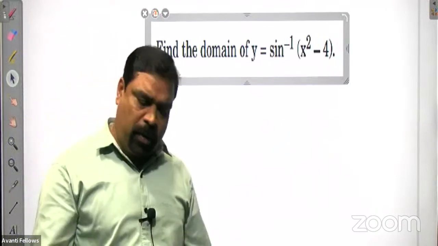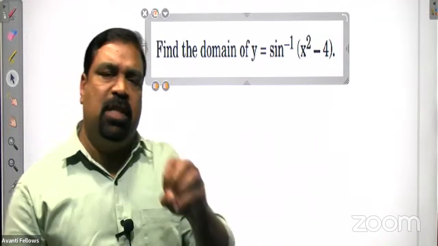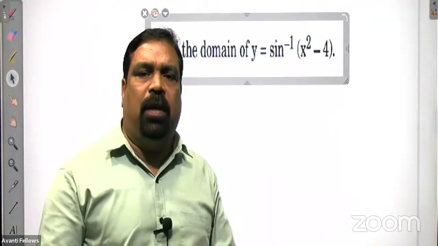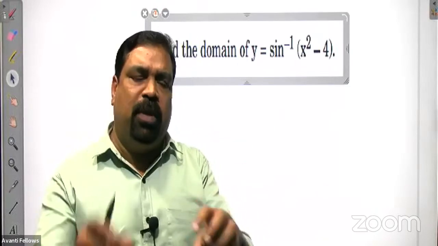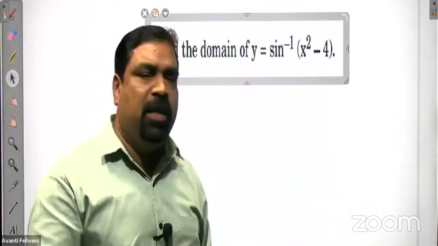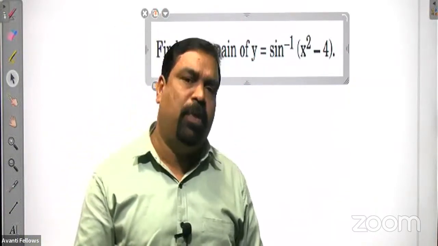Domain stands for the values that we can put for x. Input means what are the possible values which can be put for x in this function, sine inverse of x square minus 4.